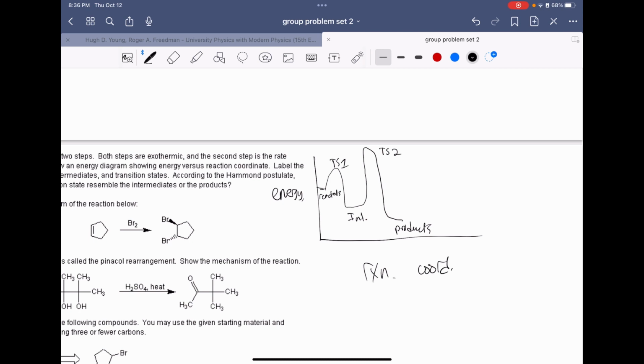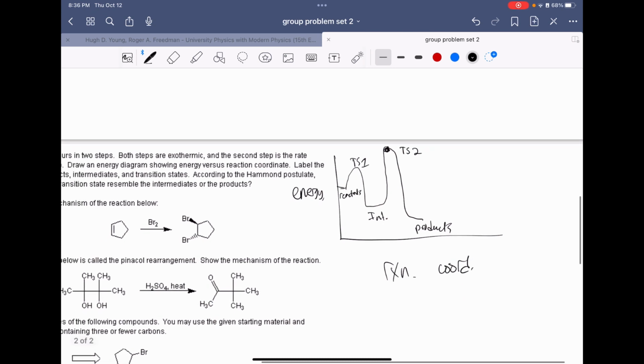And we're looking at transition state 2 up here. According to the Hammond postulate, the transition state will look more like the species closest to it in energy in the diagram, the substances that are closer in energy to the transition state.